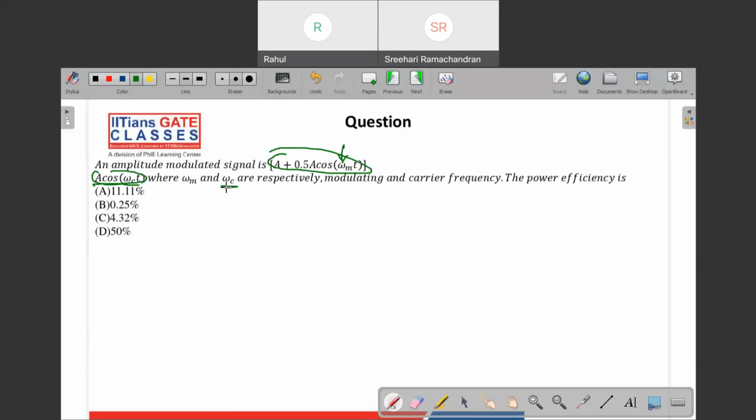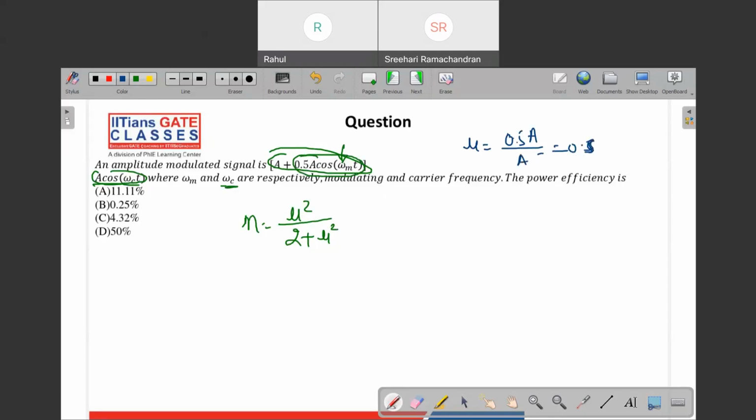Now in this case, you can directly use this formula, that eta is equal to mu square divided by 2 plus mu square. Because in this case, if you see the modulated signal, our message is in the form of a single sinusoid, so we can directly use this formula. So mu will be equal to the maximum or minimum value of the signal, which is 0.5A divided by this constant A, and this will give us 0.5.